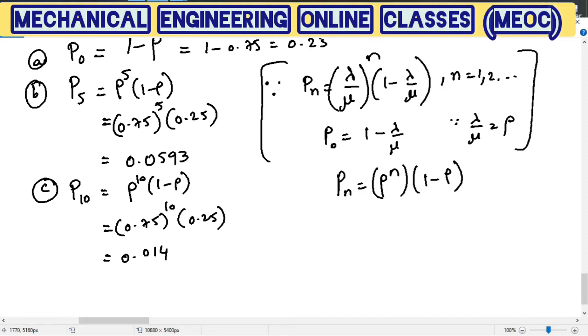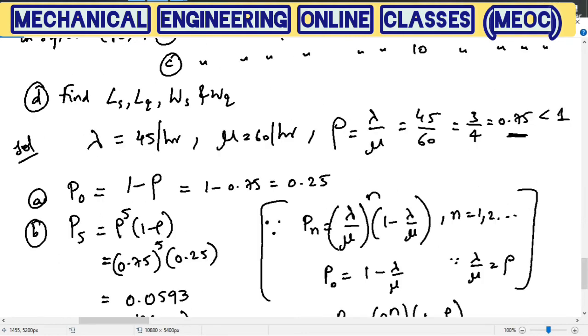I'm writing it as 0.0141, rounding it off. So this is the probability for the system having 10 customers. Then we also have to find LS, LQ, WS and WQ.